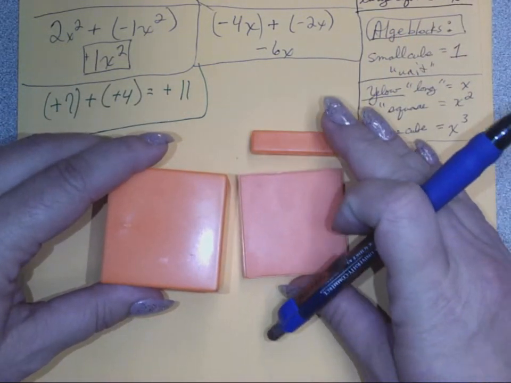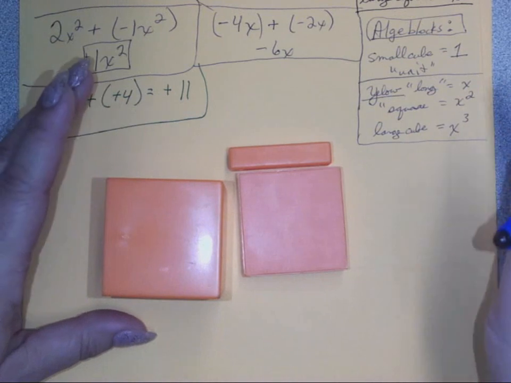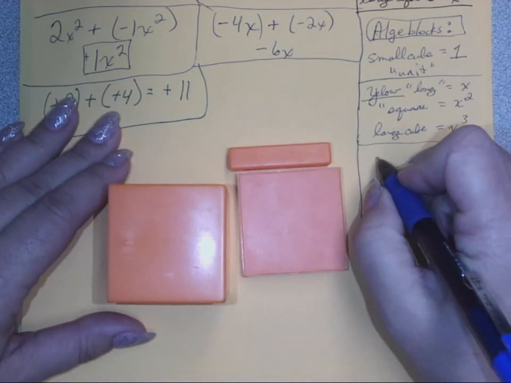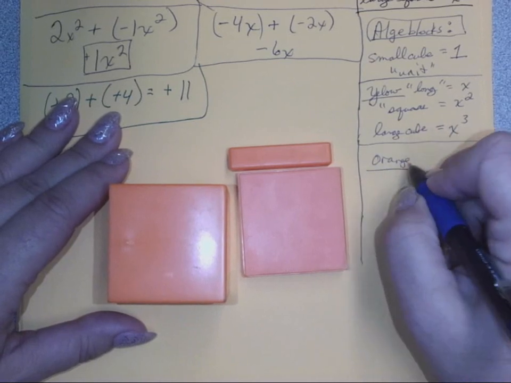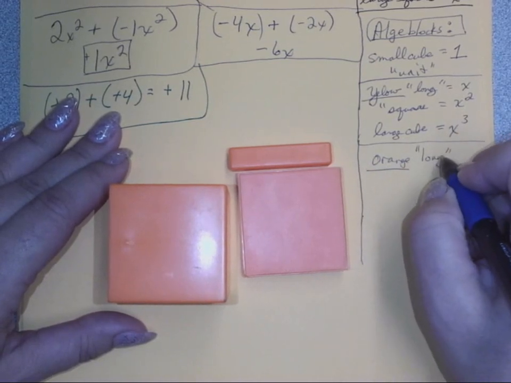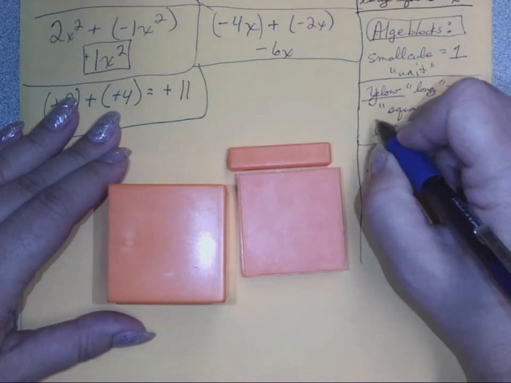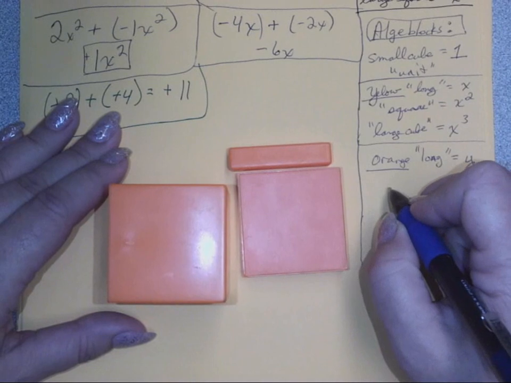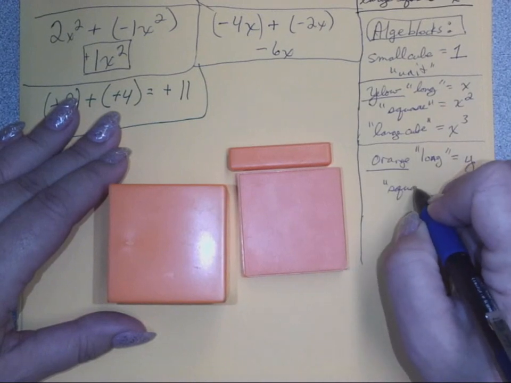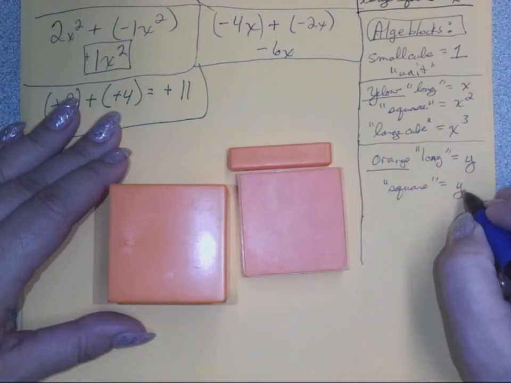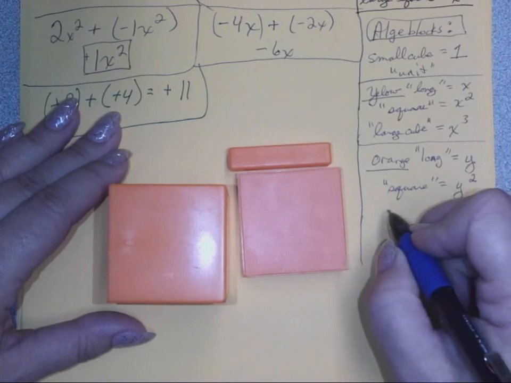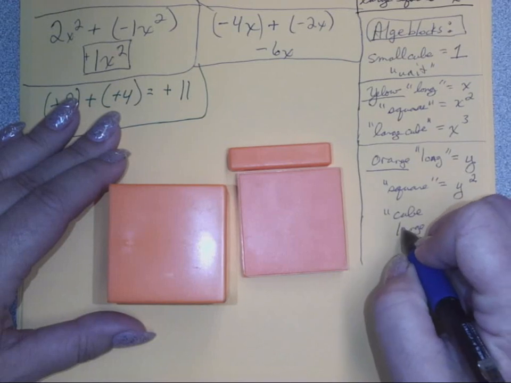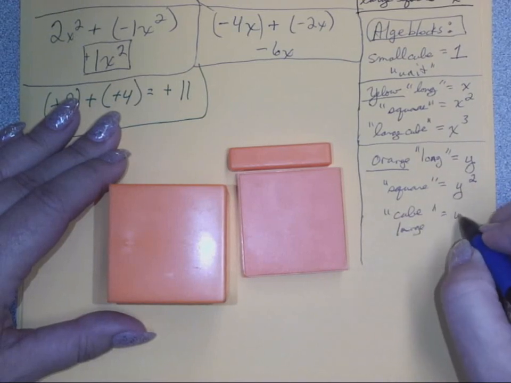So what shall I call my orange guy? I don't want to call him X. I already have a name for X. He's the yellow guys. So now I've got the orange long. He's going to be Y. Then I've got the orange square. He's going to be Y squared. And then I've got the orange large cube, and he's going to be Y cubed.